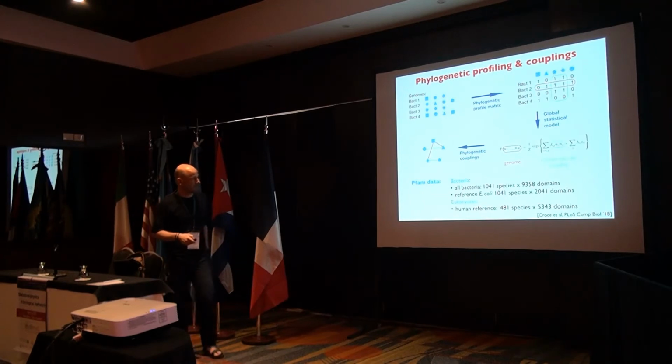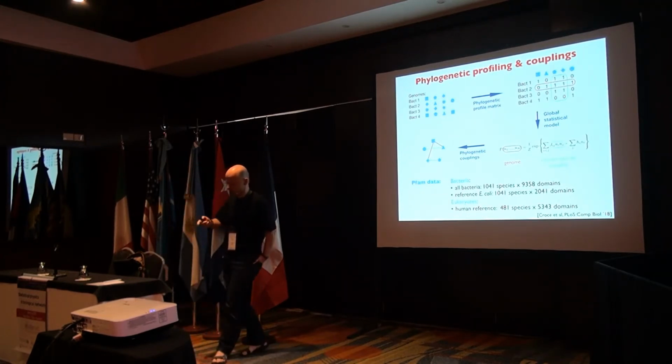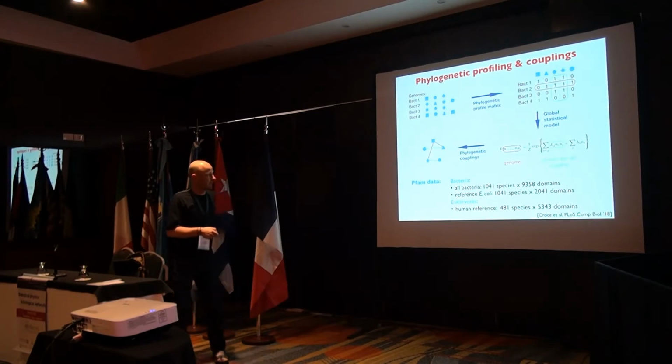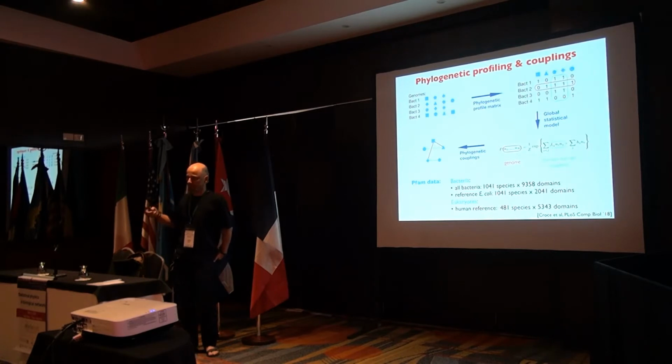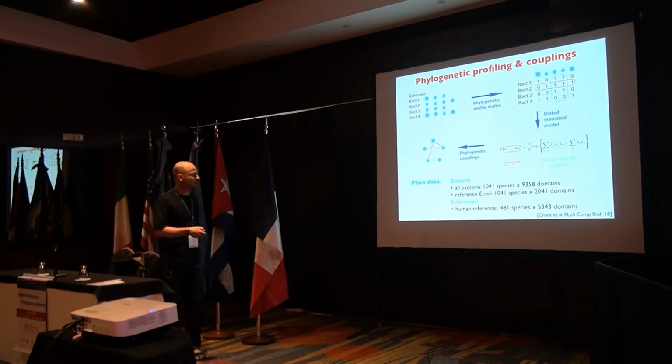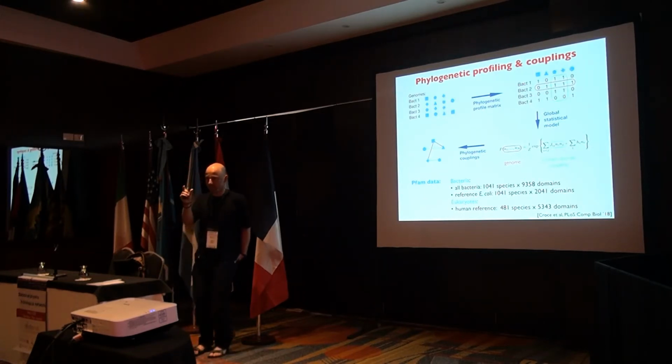So what we did, driven by prior experience of this residue-scale coevolution, is that we said, okay, now let's formulate this better in some global statistical approach. Let's use the fact that we are statistical physicists in our group and write a model, which is a joint probability of one of these red vectors here, a 0, 1 vector over all domains, in a form which allows for the fact that some domains are more frequent than others, and that domains in particular are interacting, they are correlated.